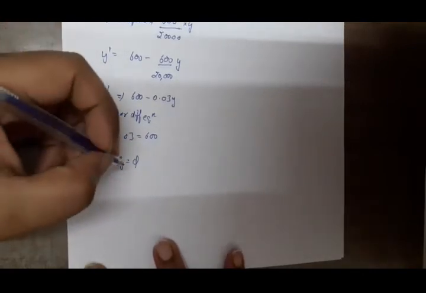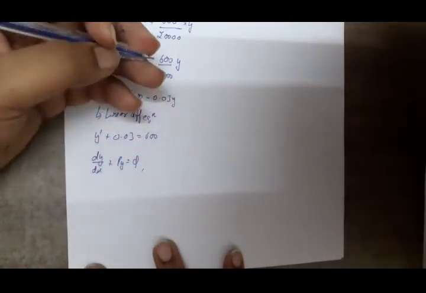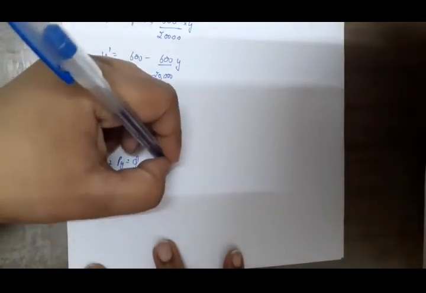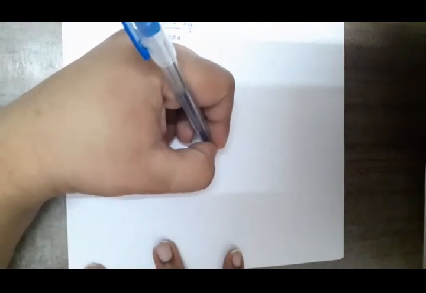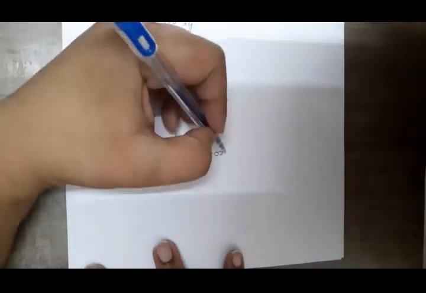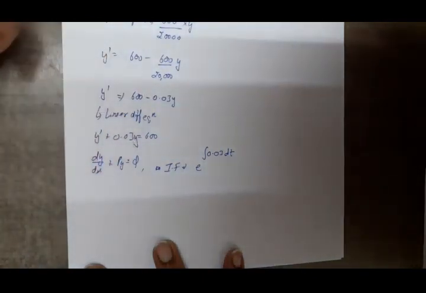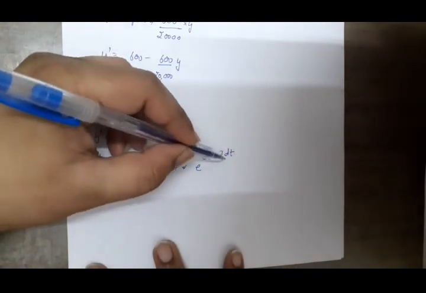For this type of differential equation, first of all, to solve it we find the integrating factor. The integrating factor is e to the power integral of p dt.